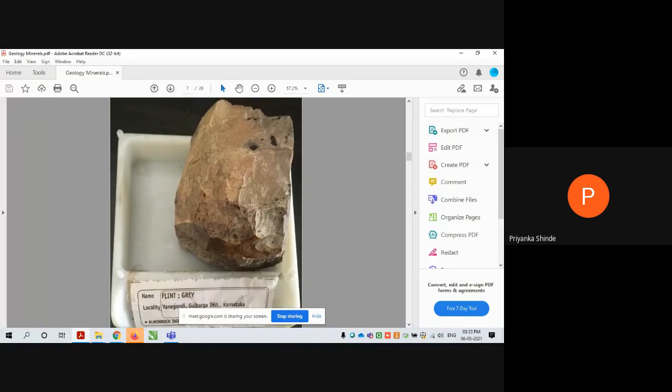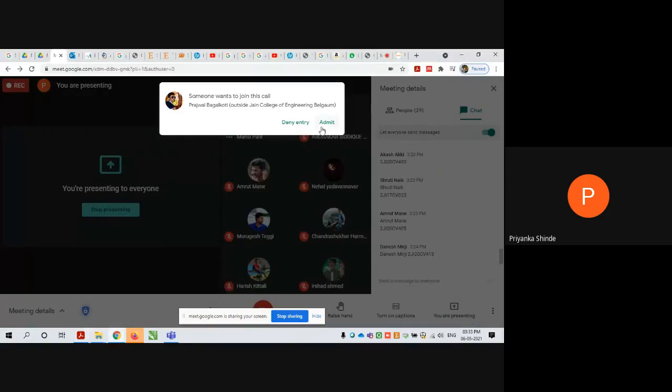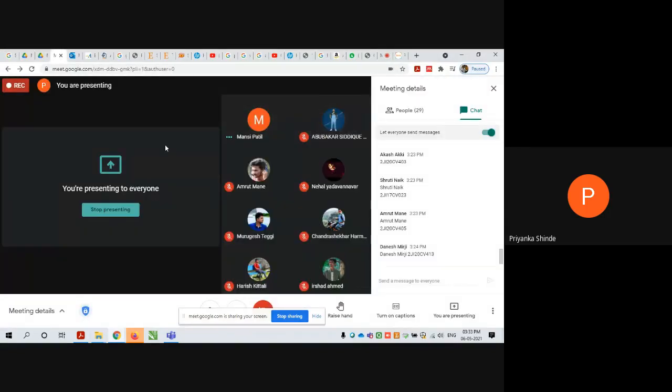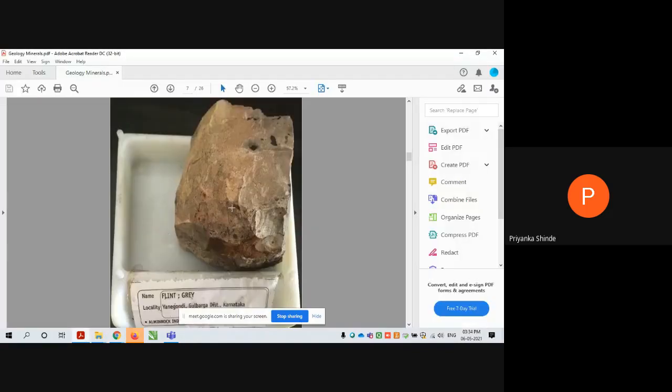Then next is hardness. This is a number which is represented in a hardness box, which we call the Mohs scale of hardness. In this hardness box, the softest mineral is talc, then comes gypsum, calcite, fluorite, apatite, then orthoclase feldspar, then quartz, topaz, corundum, and diamond.